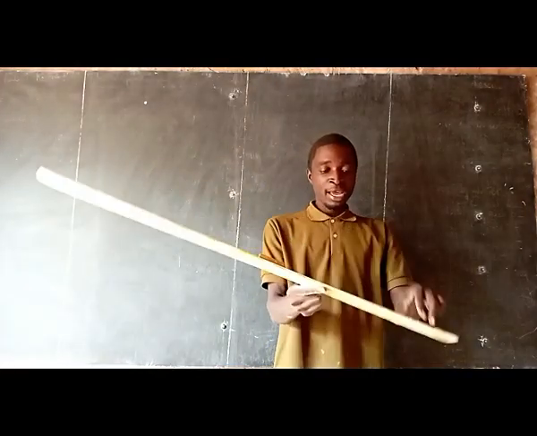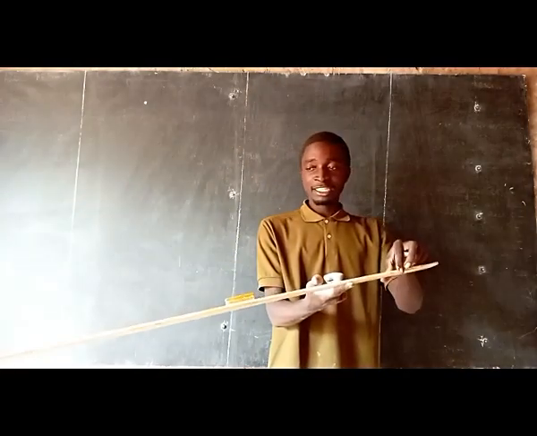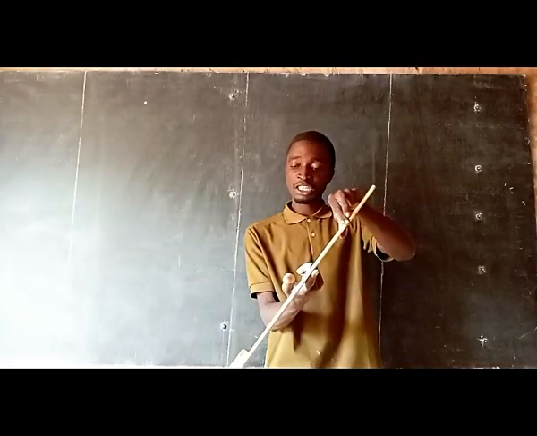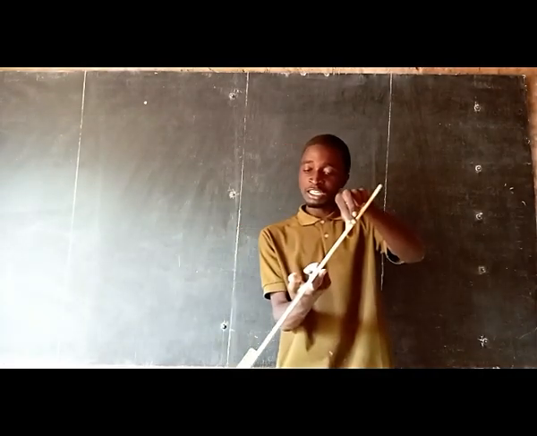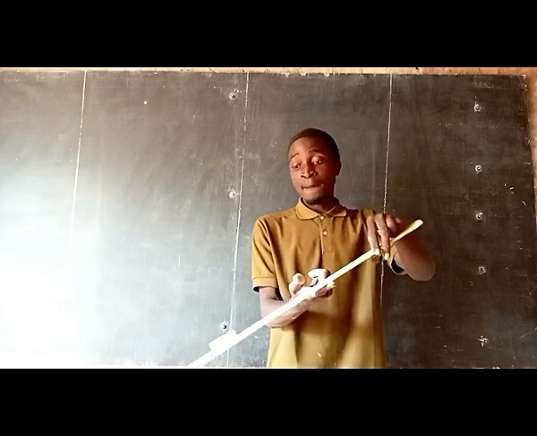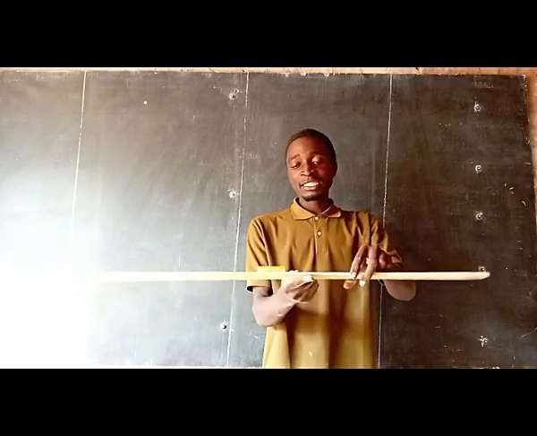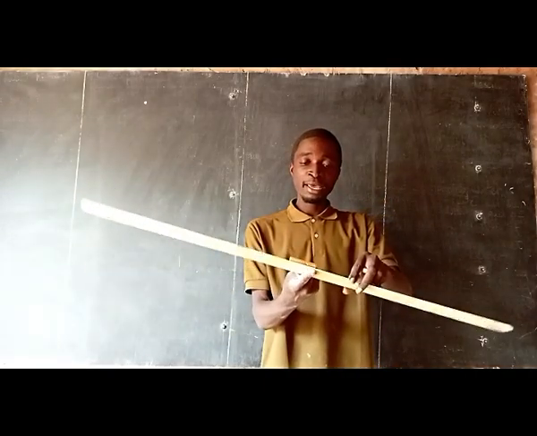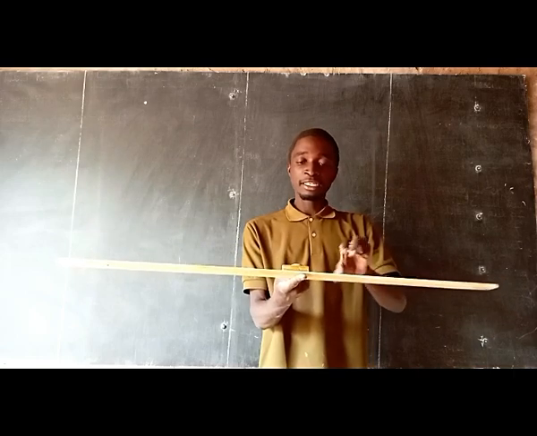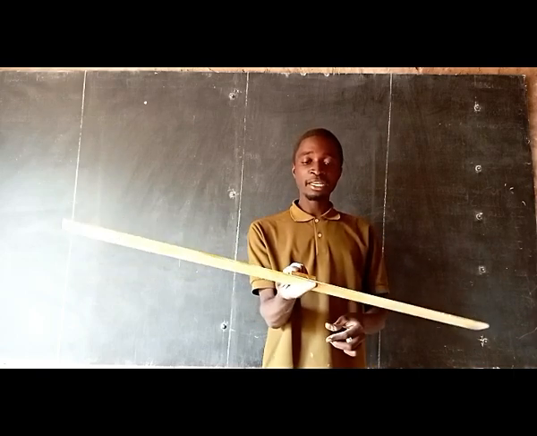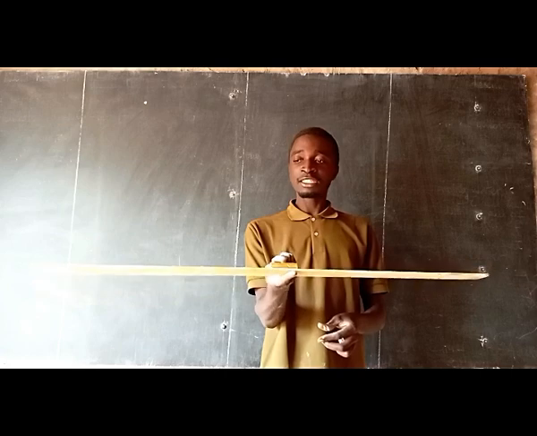Or when I touch here, it falls on another side. So when it is in this way, we say that it is not in equilibrium. But when I balance it on the exact part, maybe here, you may see it reaches a point where it becomes in equilibrium. So here this is in equilibrium.